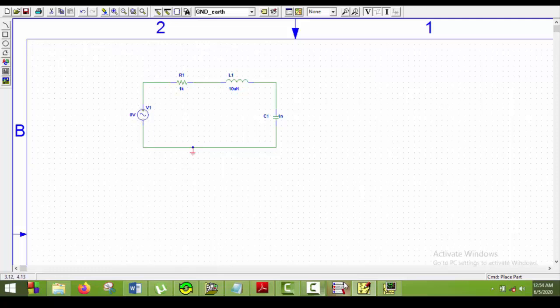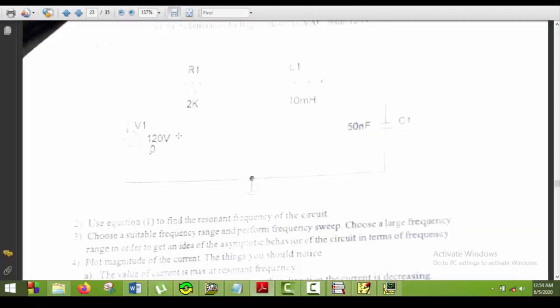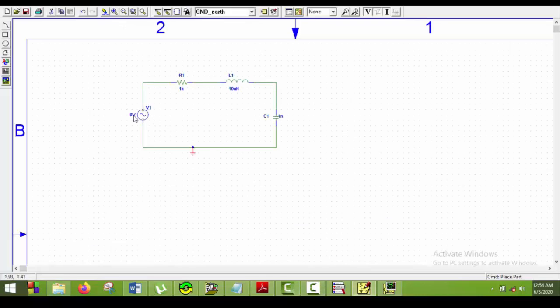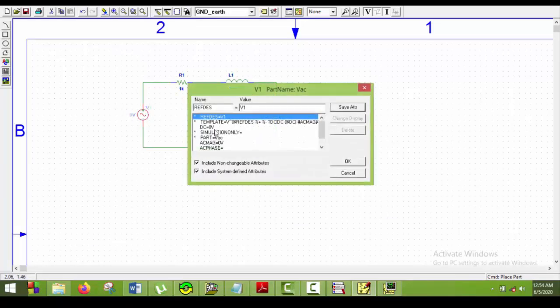So let's go to the circuit. 120 volt AC magnitude and 0 phase. Now if there was any DC offset, we would have to put that value here. As there is no DC offset here, we will not put any value. So AC magnitude will be 120 volt and AC phase will be 0, and say OK.